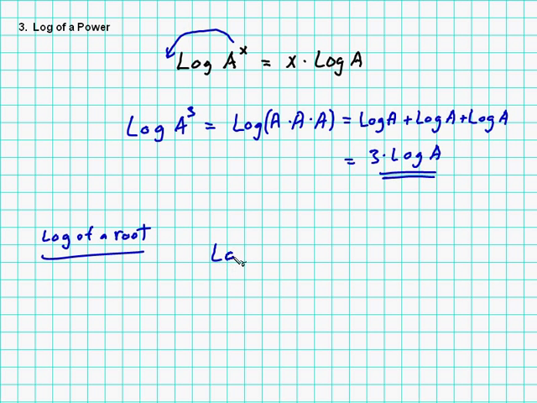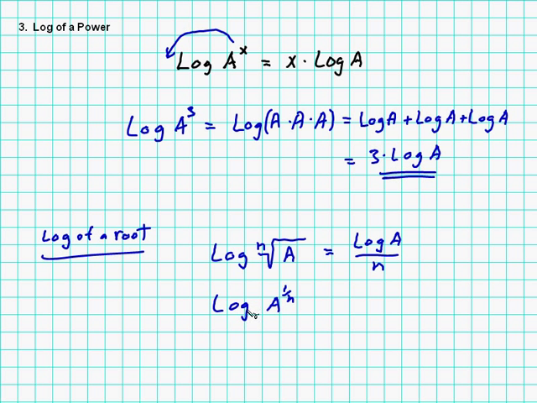So the log of, say, the nth root of a, it's going to be the log of a divided by n. And how can we see that? Well, it's a very simple application of this rule. Notice that roots reduce to division just like powers reduce to multiplication. Okay, you can see that right away if you notice that the nth root of a could be written as a to the 1 over n power.